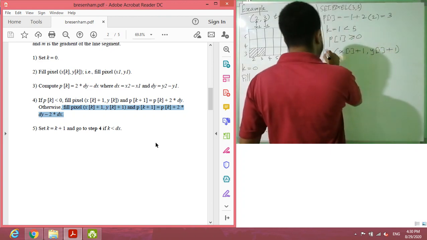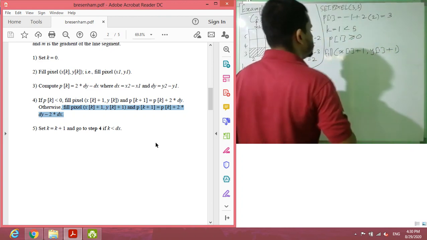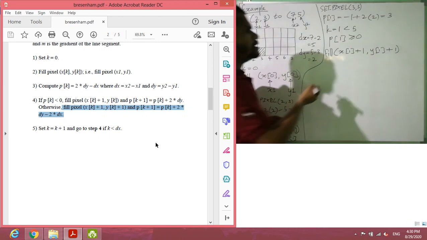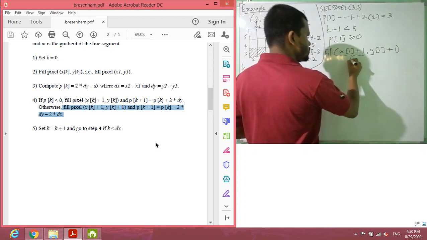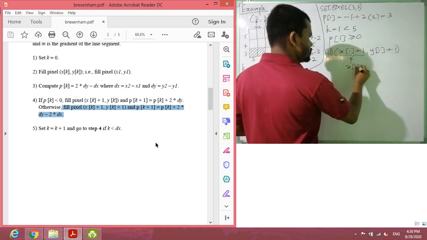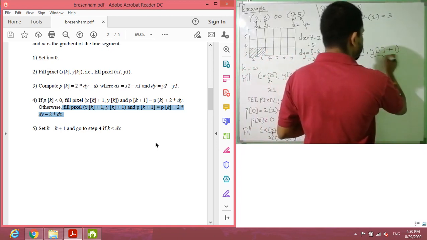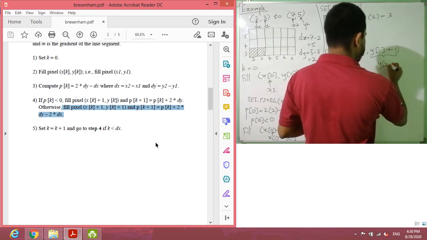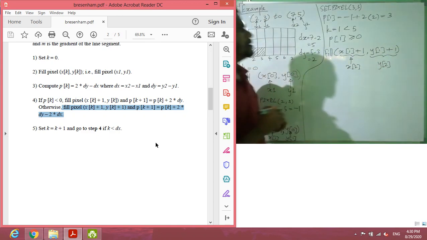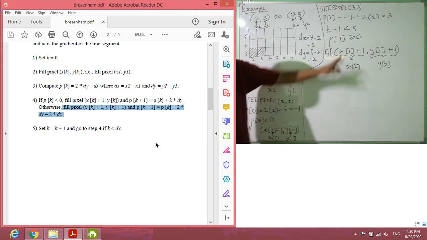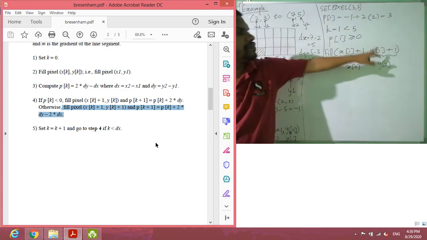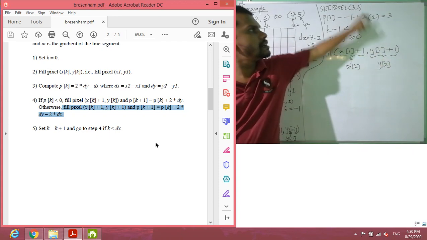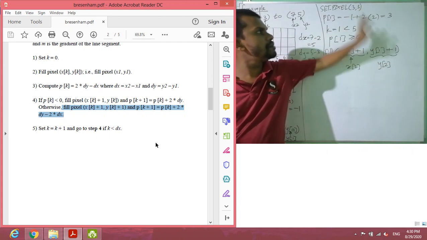You have to fill this, and this is our x2, this is our y2. x1 plus 1 means we add here, it will become 4. Here 3 plus 1, it will become 4.